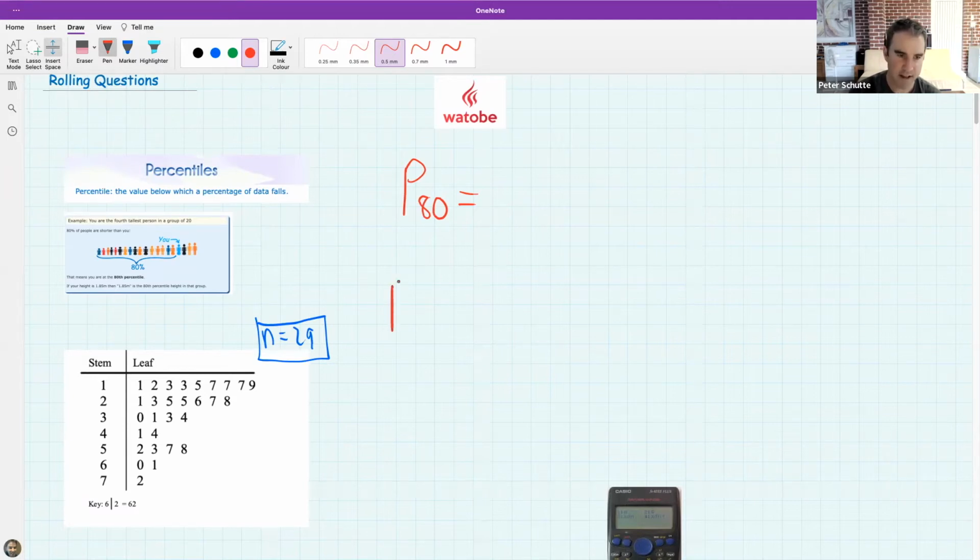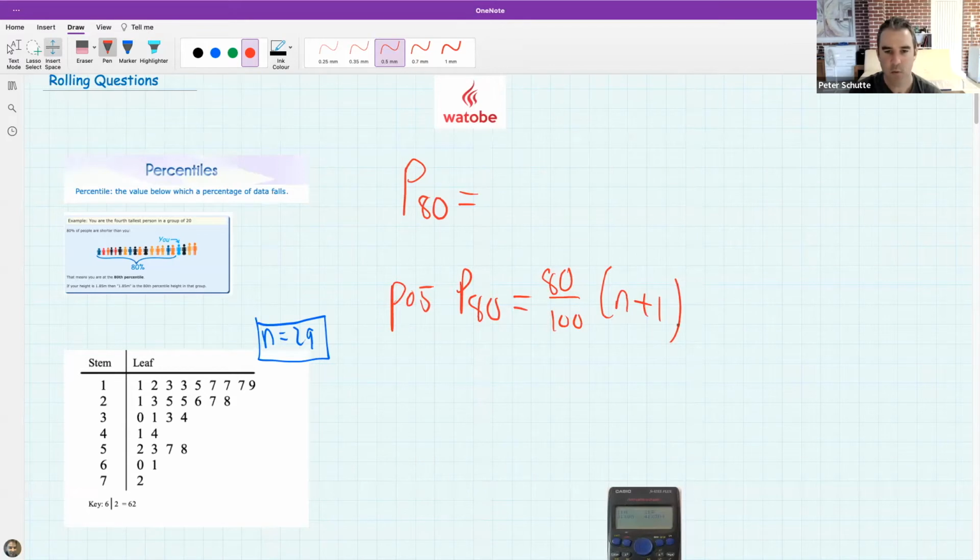We find the position of P80 first, and once we know its position, we can work out the value of P80. The formula for the position of P80 is 80 over 100 times n plus 1, where n is the number of items. In this data set, which we've used before, n is 29.